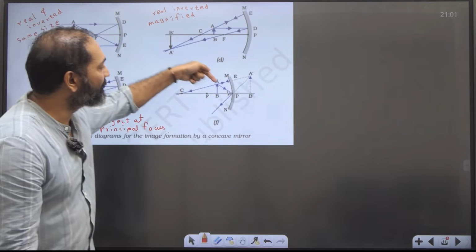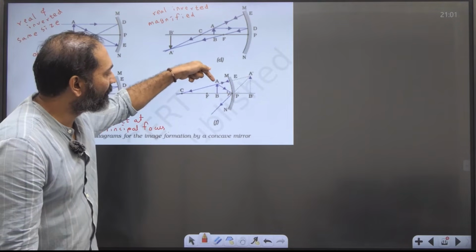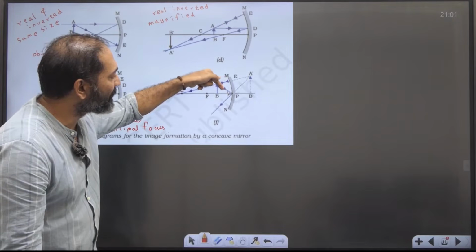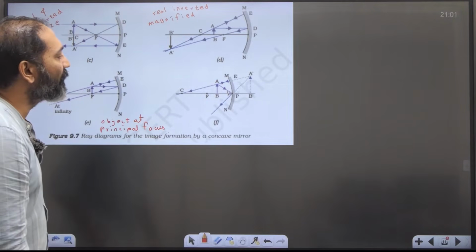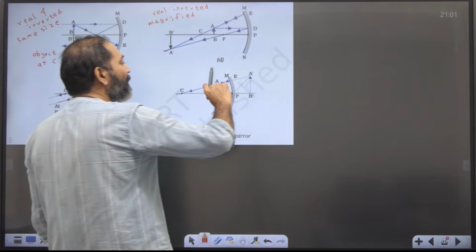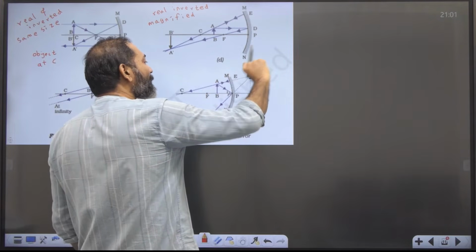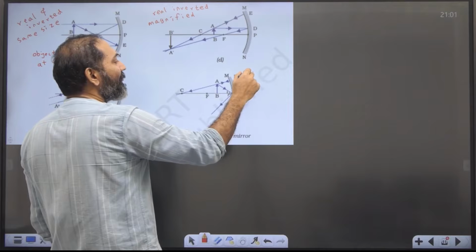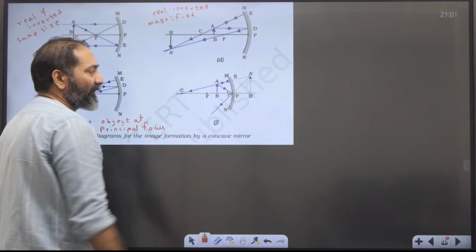When a light ray is incident at the pole, the angle of incidence is equal to the angle of reflection. When the reflected rays are extended backwards, they diverge away from a point behind the mirror.